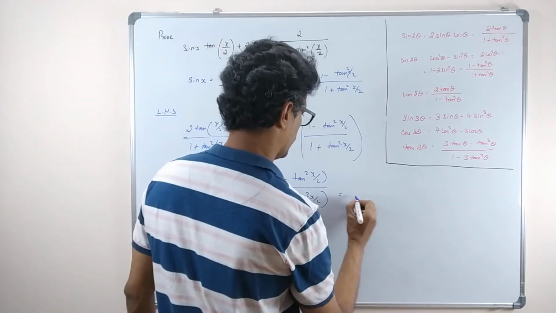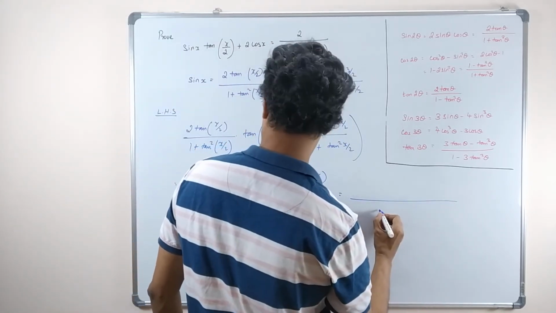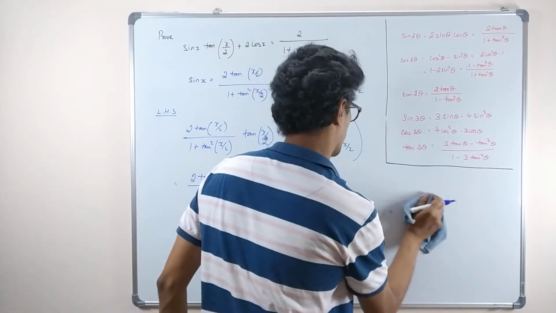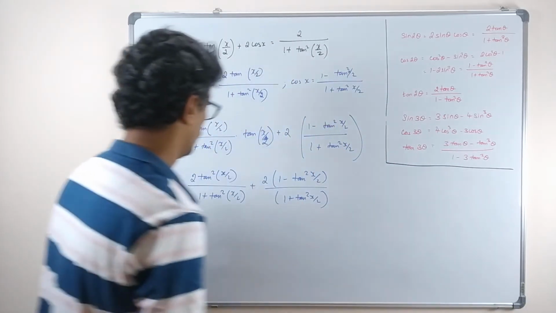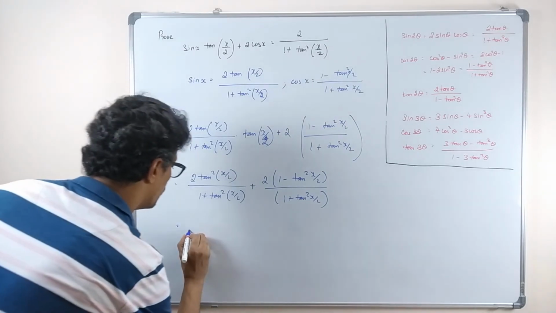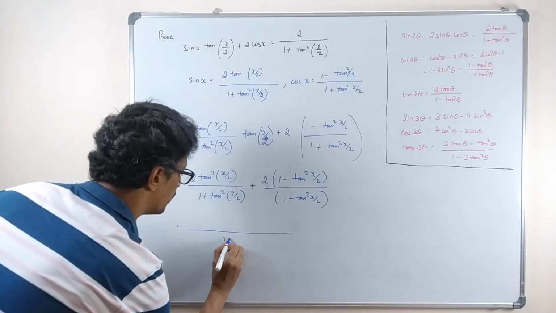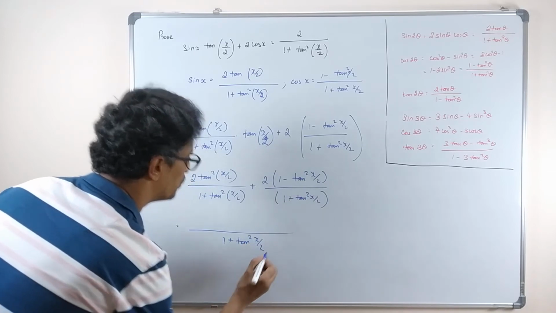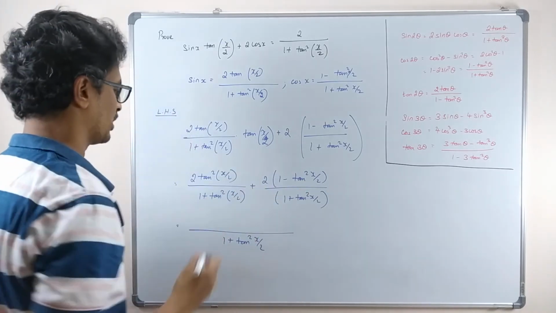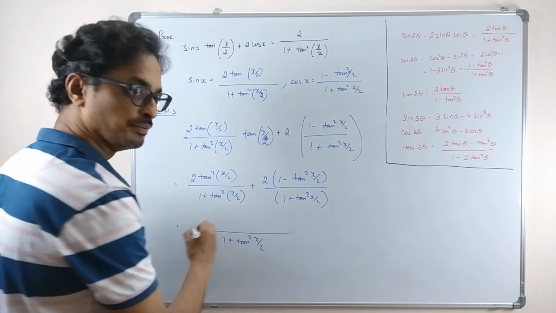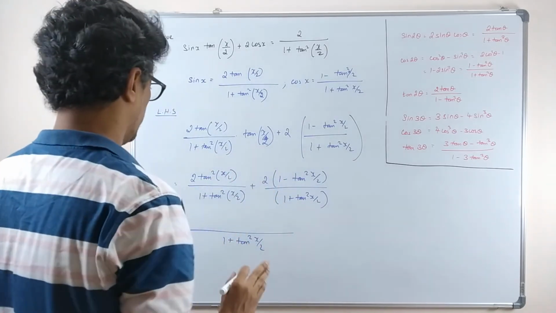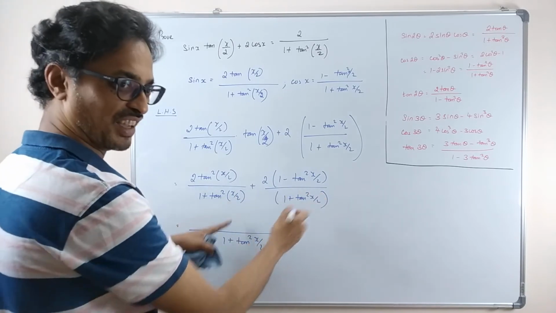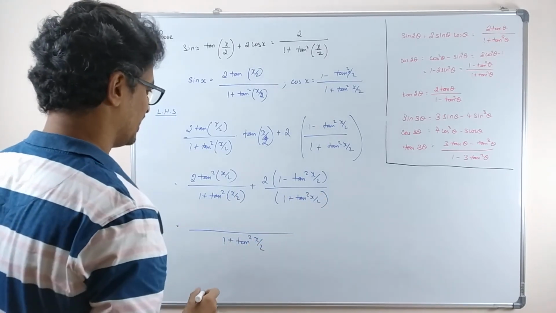So what does it become? Tell me. So let me write so you can see it clearly this side. So this is equal to 1 plus tan square x by 2 in the denominator. I am not putting the bracket, but you have to consider that. They both are the same. Okay, it was mistakenly done.